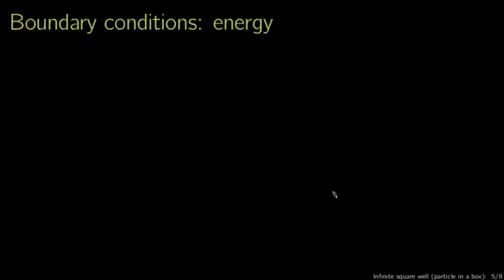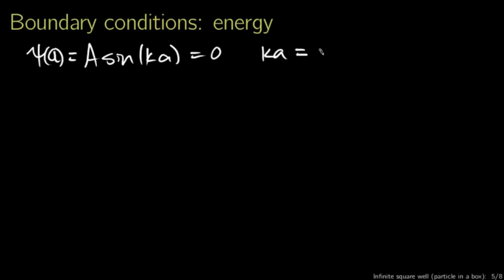So let me spell that out in a little more detail. Our psi of a wave function is A times the sine of k times a. And if this is going to be equal to 0, ka has to be either 0, plus or minus pi, plus or minus 2 pi, plus or minus 3 pi, etc. This is just coming from all of the places where the sine of something crosses the axis.